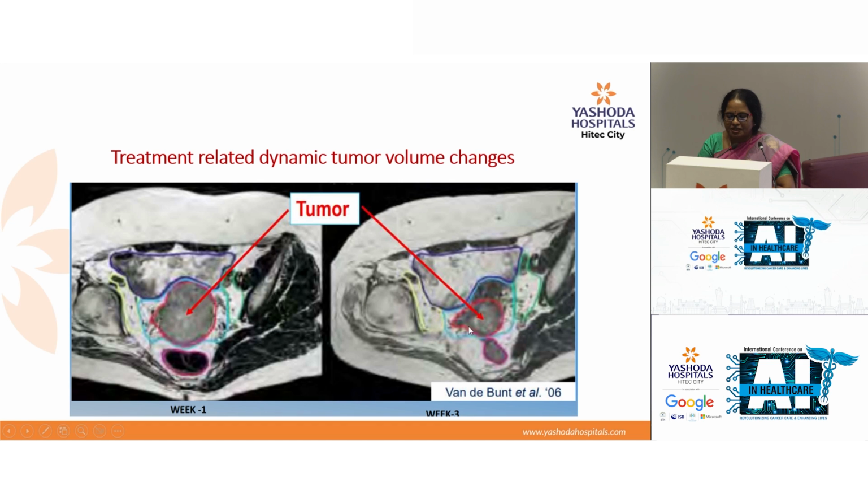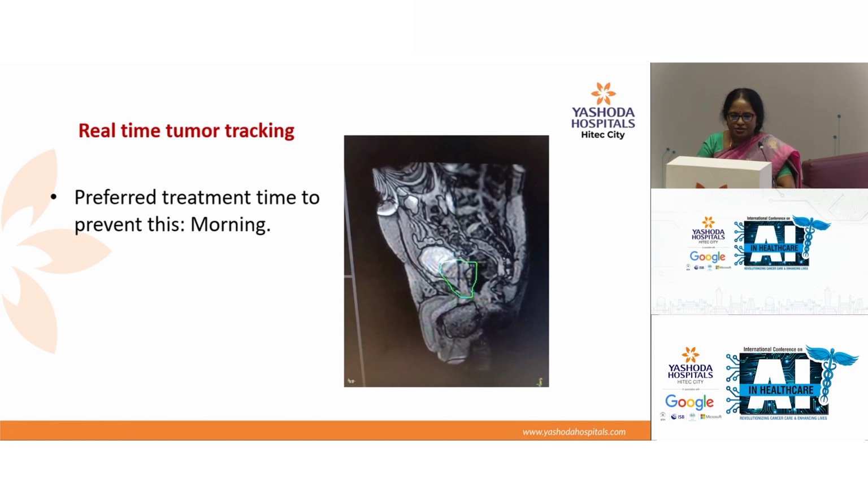At the end of the treatment, maybe at the 3rd week, we see that almost 70% of the tumor is gone. If we treat what was planned initially, we will invariably be treating the normal structures too, not only the tumor. So this is how adaptive treatment helps us.